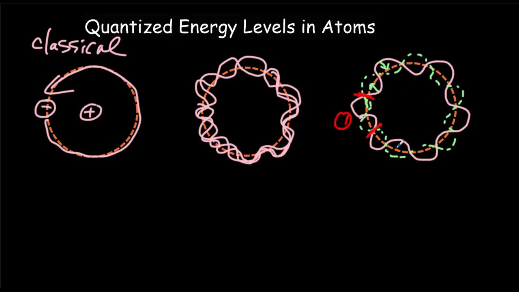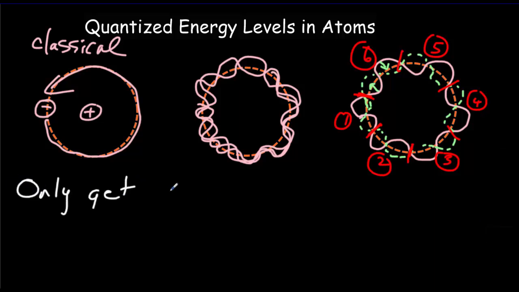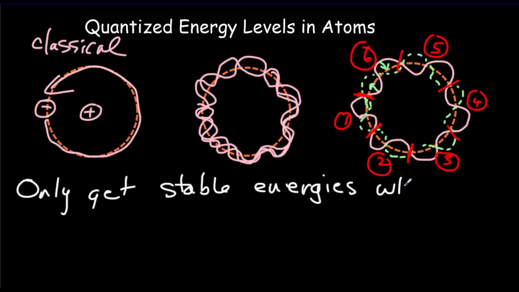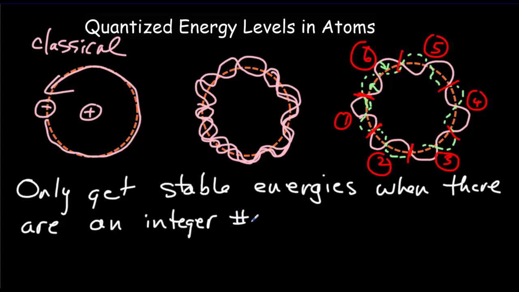There's 1 wavelength, 2, 3, 4, 5, and 6 wavelengths around the circumference. That'll form a stable pattern. So we only get stable energies when there are an integer number of wavelengths around the classical orbit.